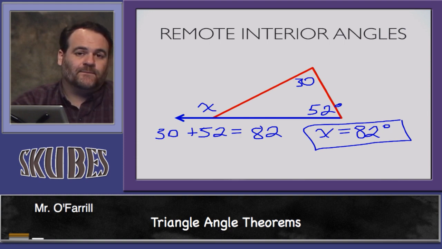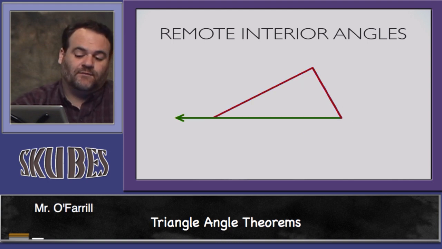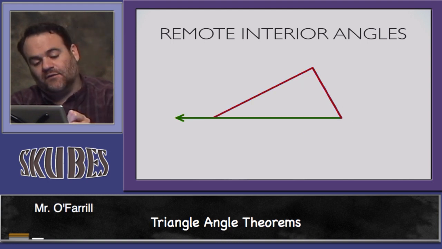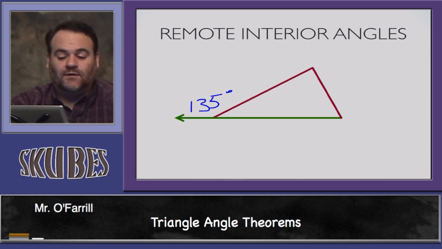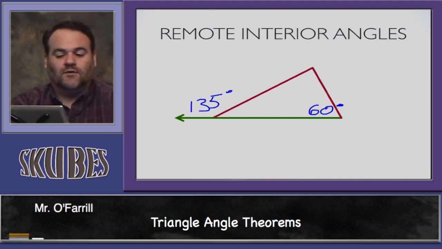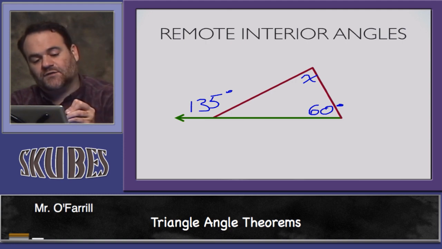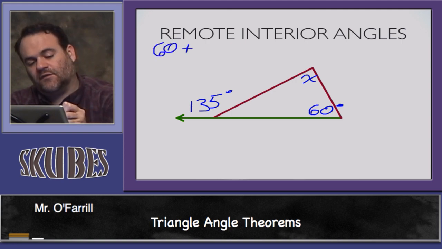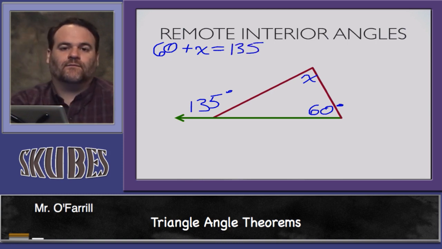Pretty simple, isn't it? And of course, we can ask this same question from another perspective. I can tell you that this angle is 135 degrees. And I can also tell you that this angle will be 60 degrees. What is the missing interior angle? Well, this time we're saying that 60 plus x equals 135.